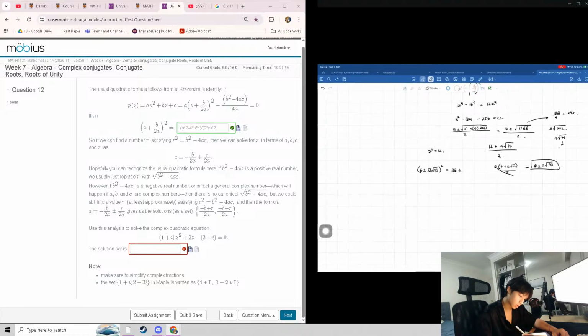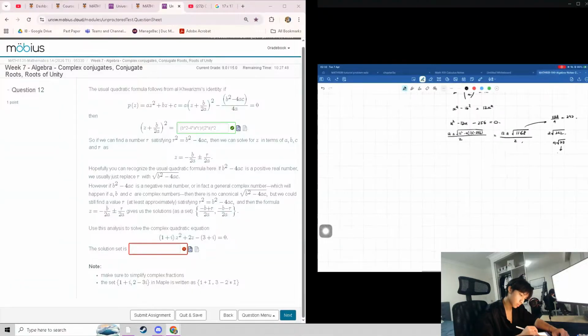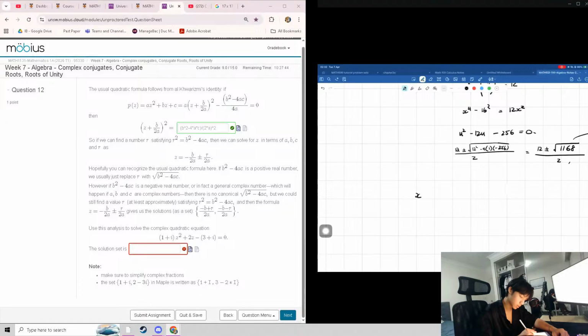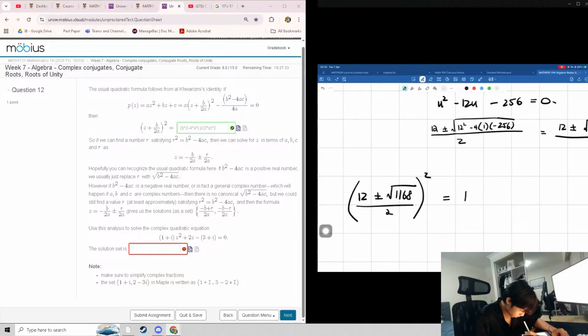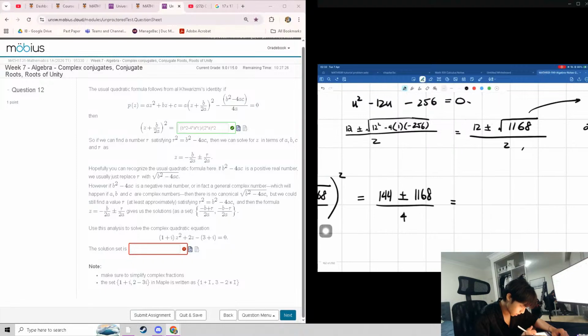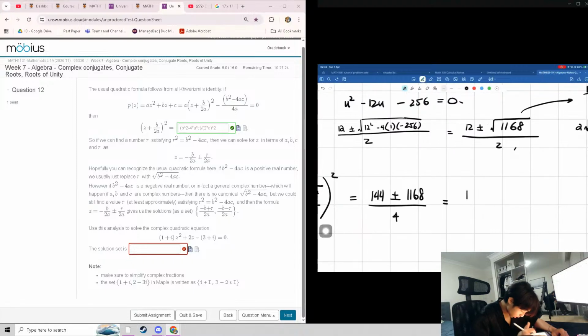Oh, we should have kept that. That's fine. But x, so we square that up. And we get 144 plus or minus 1168 over 4. So now we get, give me them numbers, 144 plus, if only I had Maple.